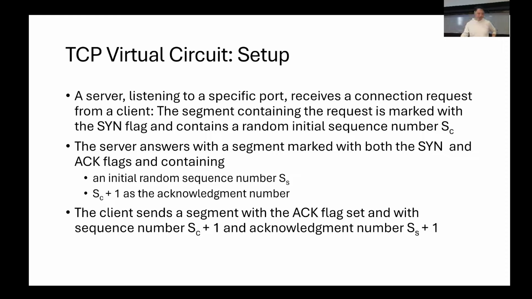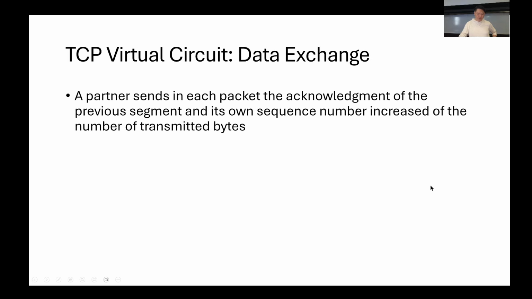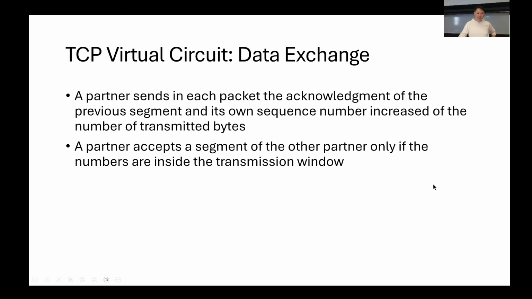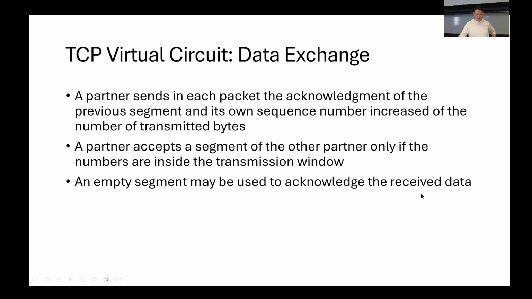The client sends with the ACK flag bit set, with the sequence number plus one and acknowledge number plus one. So that is the three-way handshake procedure. The second phase is the data exchange phase. After setup, we talk.